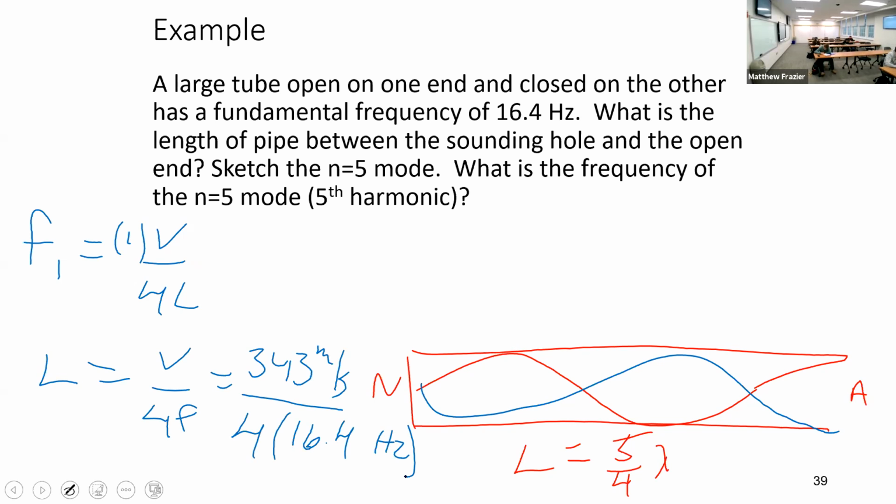This is where you put it into a calculator. And what I get is that L here is 5.228, so 5.2 meters. Let's correct that.